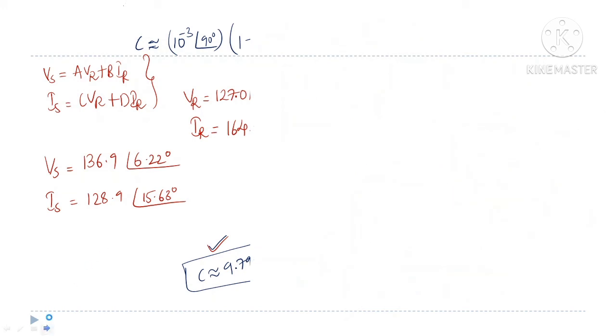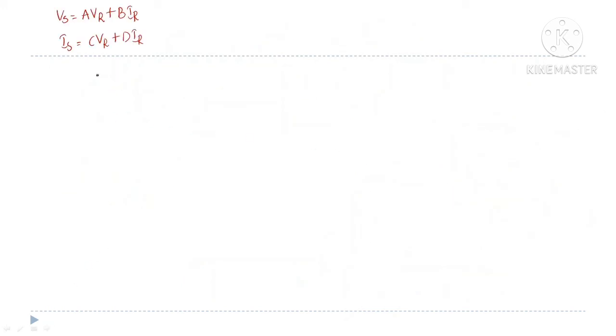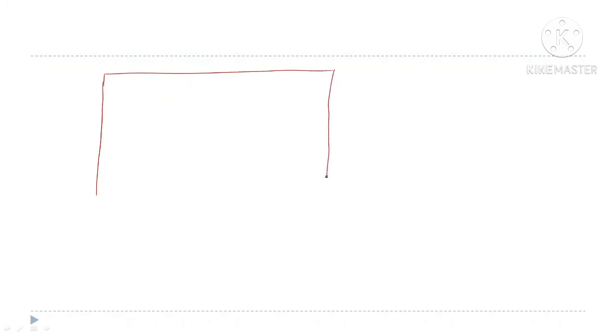Let me have a tabular column so that we'll write all the values which we got for sending end voltage and sending end current, because in the numerical problem it is asked to find only sending end voltage and sending end current.